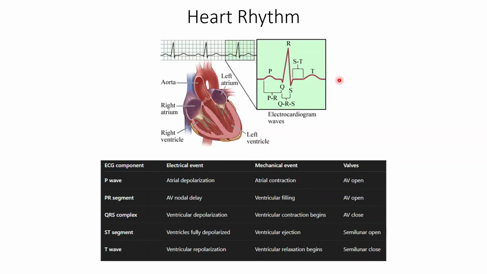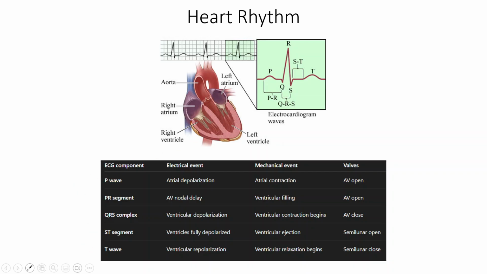And finally, you have the T wave, this last little bump, where ventricular repolarization has occurred, meaning that now it's time for the ventricles to relax because the blood has been pumped out. And the semilunar valves close to prevent backflow of blood from, say, the aorta. Then we get ready for one full new wave of this, and this is occurring constantly in about 0.8 seconds.